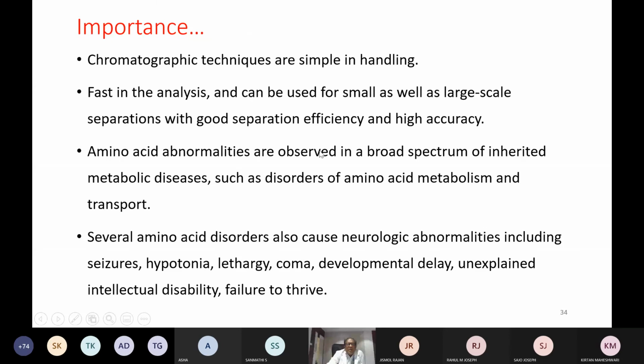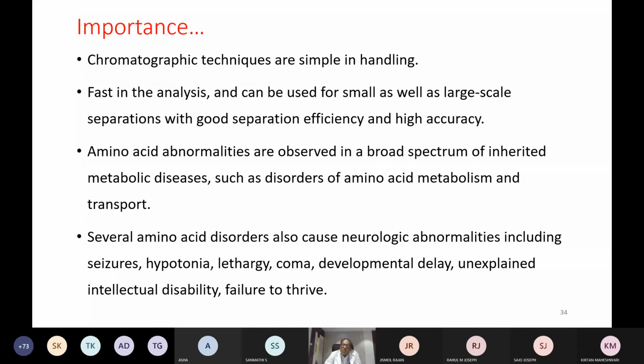This chromatographic technique is very simple in handling and fast in analysis, and it can be used for small as well as large separations. Amino acid abnormalities are observed in a broad spectrum of inherited diseases. Mainly this is done in inherited diseases, where clinicians may suspect excretion of excess amino acids, which should have helped that person in various metabolic activities.